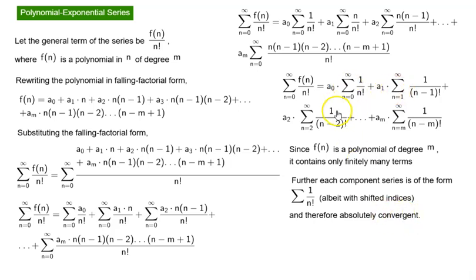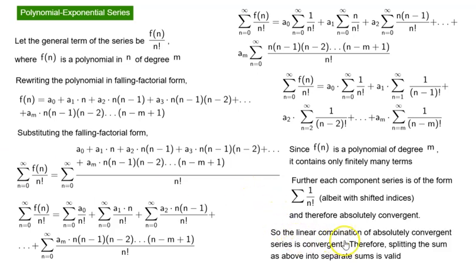So each of these series is absolutely convergent, and the linear combination of absolutely convergent series is convergent. Therefore, splitting the sum as above into separate sums is valid. So this was the justification for splitting this sum into these individual sums.